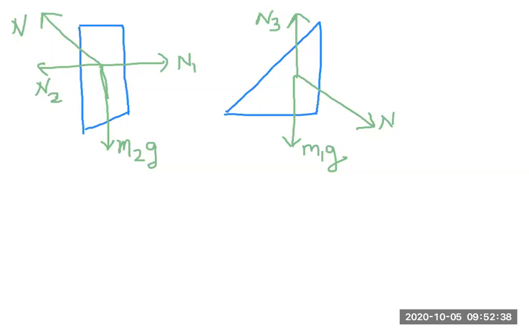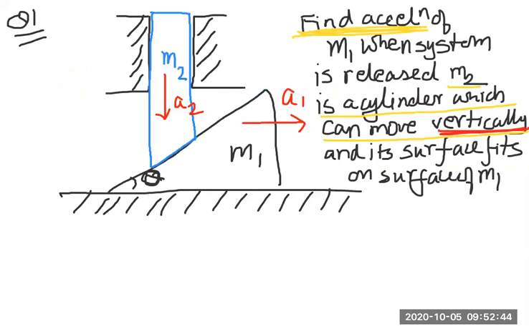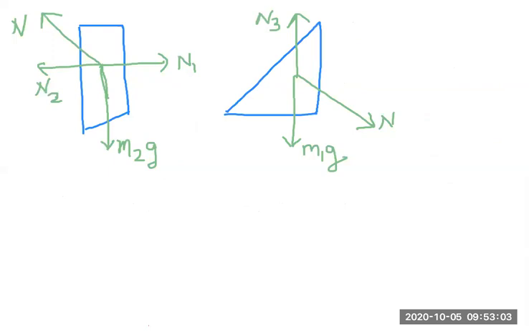So I have drawn the free body diagram, and when I look at the problem, I have figured out that the wedge will be moving horizontally and the cylinder will be moving vertically. Don't mind my diagram, this one is touching that one, right? So I go back to my FBD.